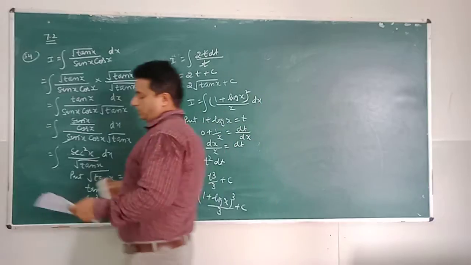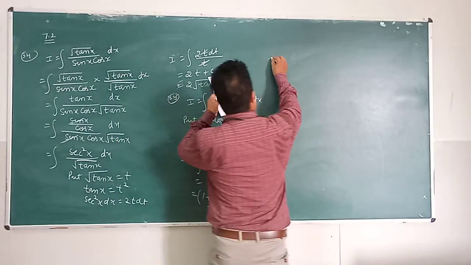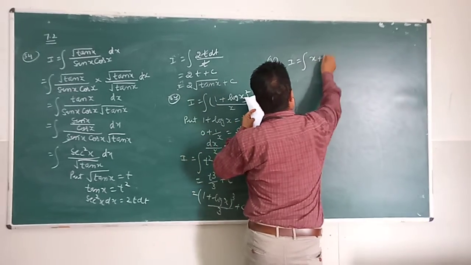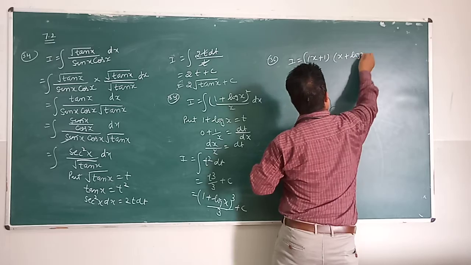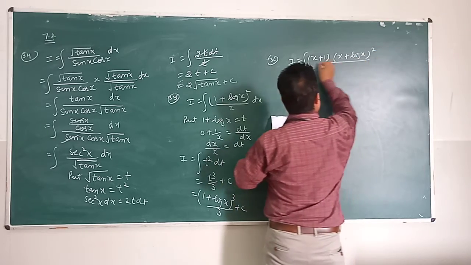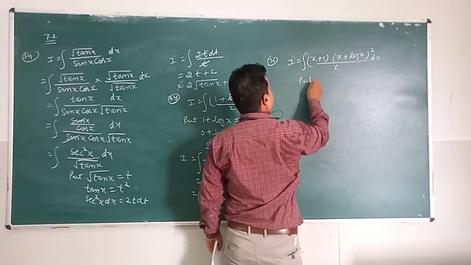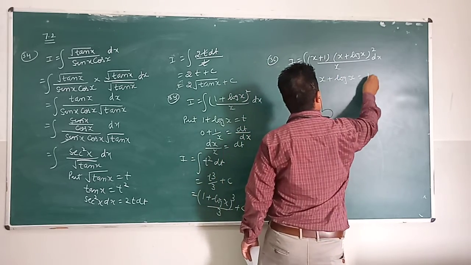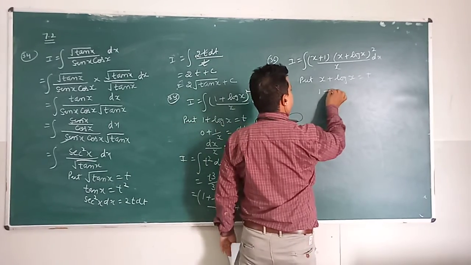In question number 36, the statement is I is equal to (x plus 1) into (x plus log x) square upon x. So in this question, first we put x plus log x equals t and differentiate this with respect to x.